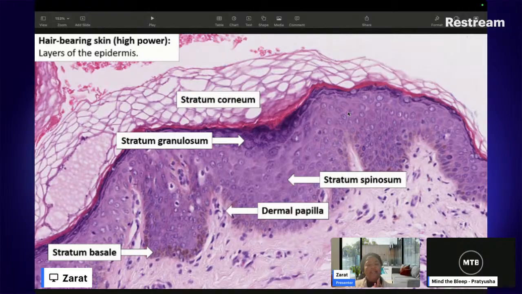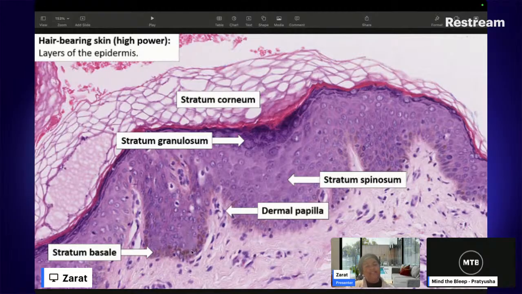Even though when we look at a skin slide, we start from the top, from the stratum corneum, and work our way down, to understand what's happening, it's best to start at the basal layer, the stratum basale, this thin layer at the bottom of the epidermis.